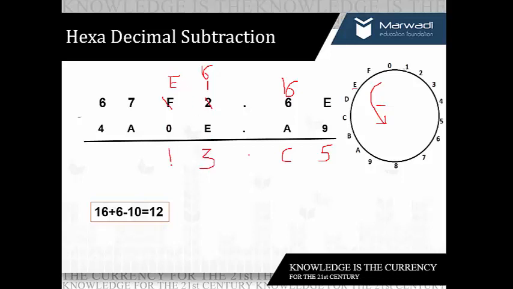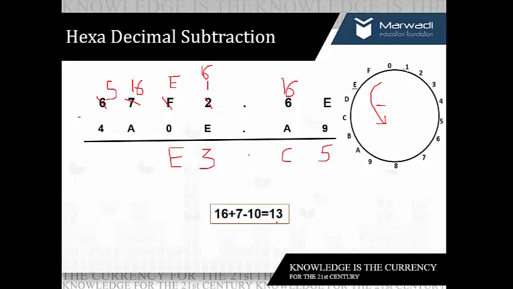E minus 0, so E. 7 minus A, not possible, so again 16, taking a carry from the previous digit. 16 plus 7 minus 10 would be equivalent to 13, which is nothing but B. And 5 minus 4 is equivalent to 1.